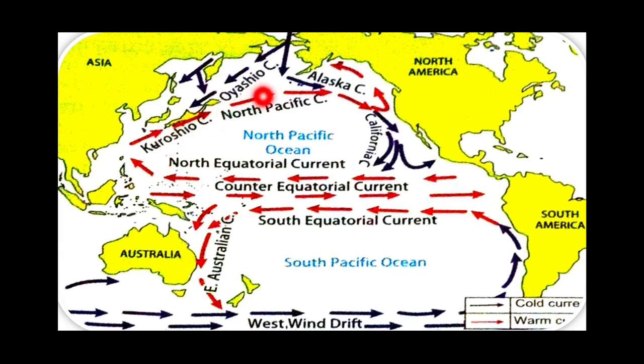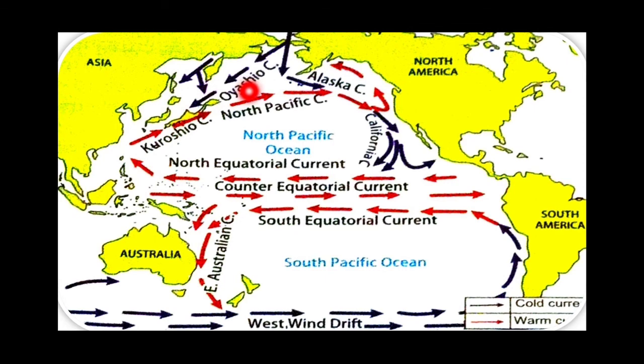The water of the North Equatorial current divides off the Philippines. So students, here is the Philippines. So as the warm current starts from the equatorial region, it gets divided, and the part which moves up forms the Kuroshio current.